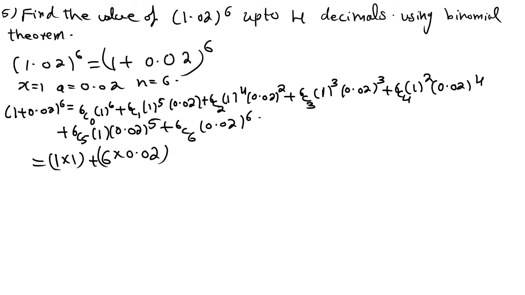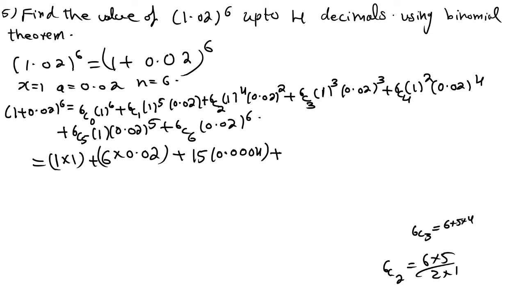Okay, then 6c2 value, calculate this one. 6c2 equal to 6 into 5 by 2 into 1, 2 3s are 6, 5 3s are 15 into 0.02 square, 0.02 square, its value equal to 0.0004, then plus 6c3 value, again see 6c3 equal to 6 into 5 into 4 by 3 into 2 into 1, 6 gets cancelled.